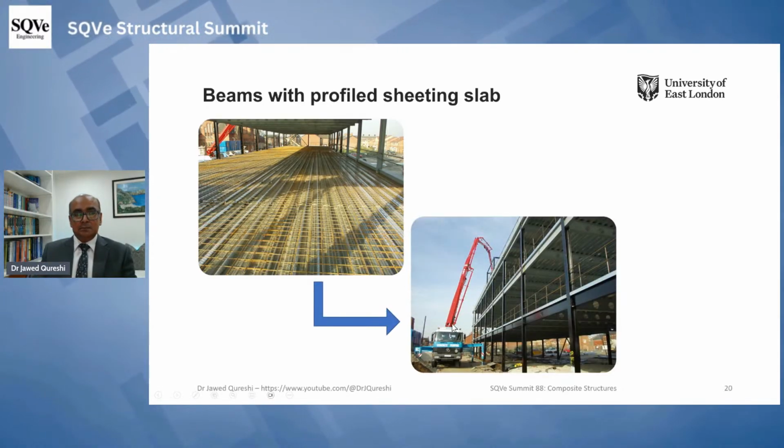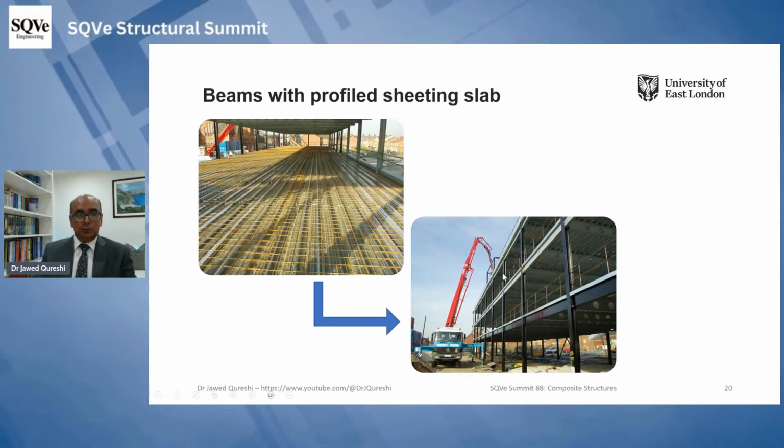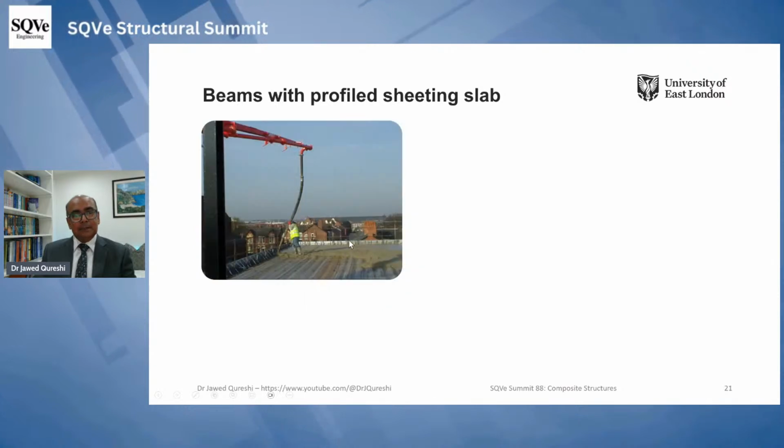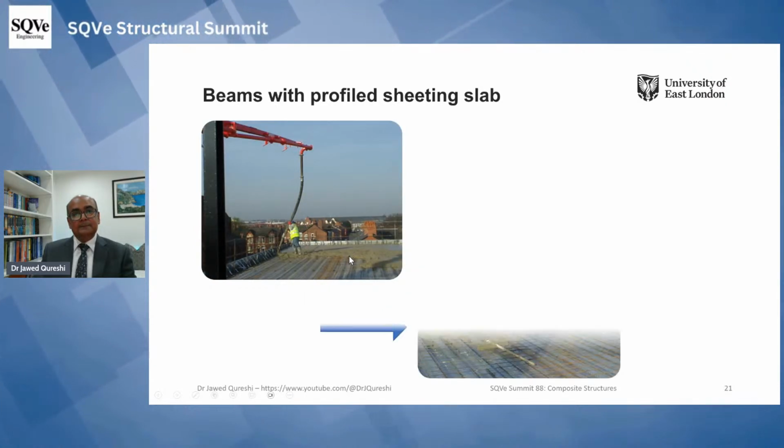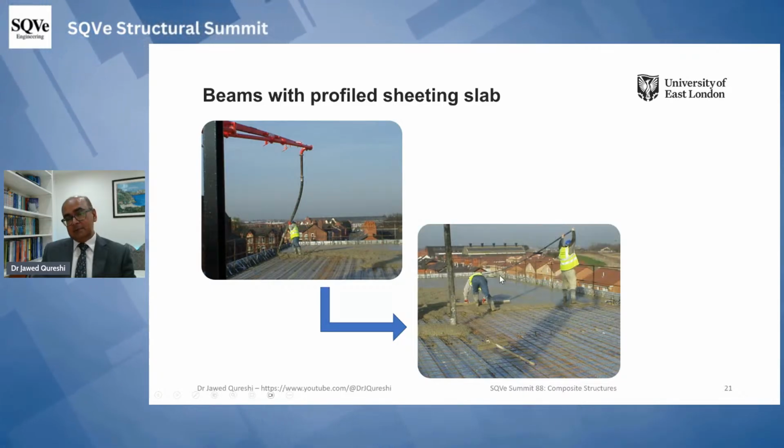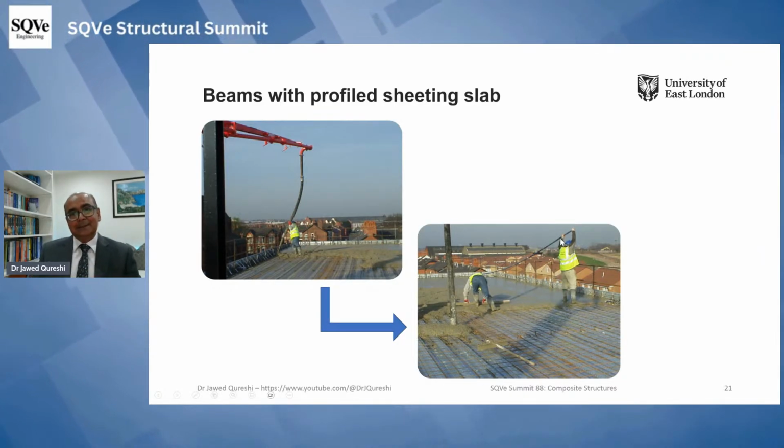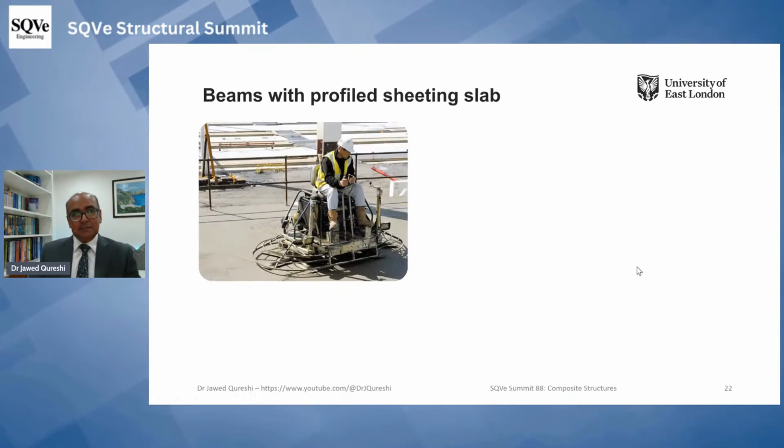Once this is in place, then we have in situ concrete. We pour this concrete on top of this deck. Now here, concrete is being placed, and at the same time, it is being leveled as well. And once you level the concrete, after that, we compact this concrete using a machine.